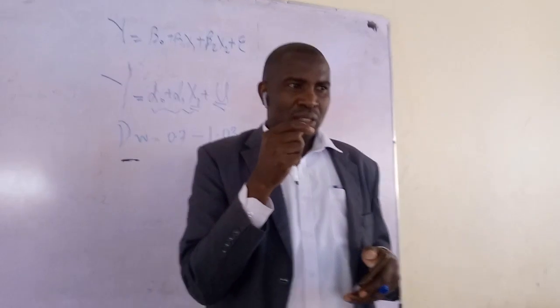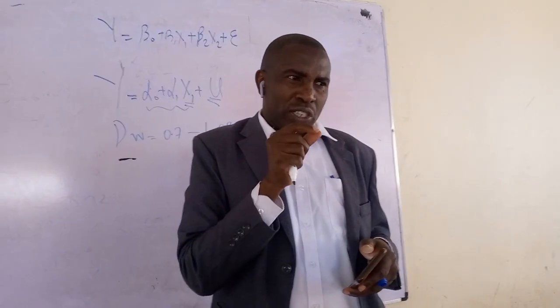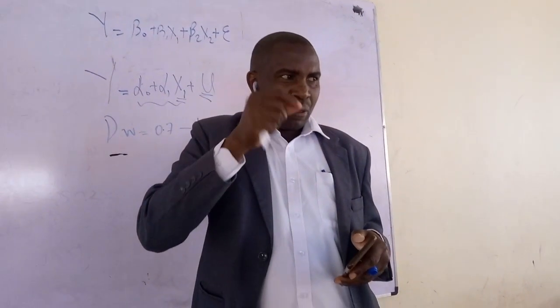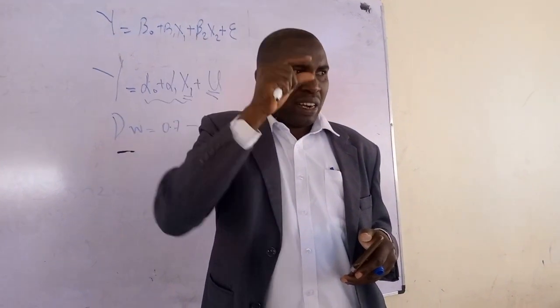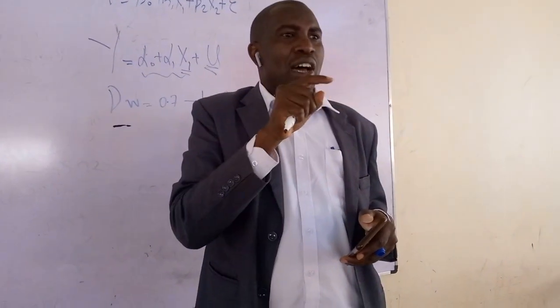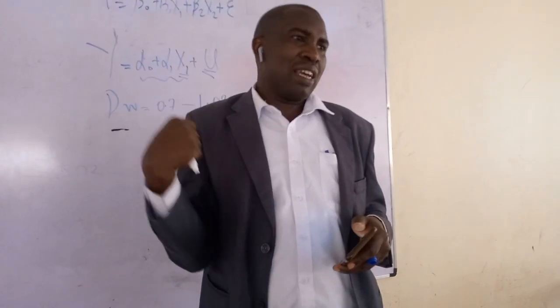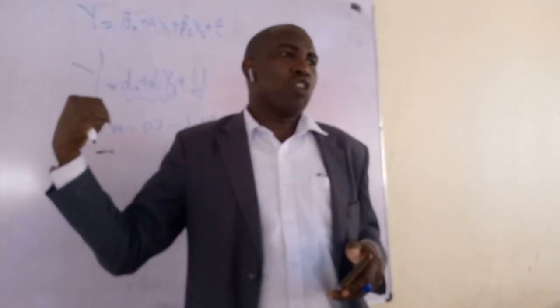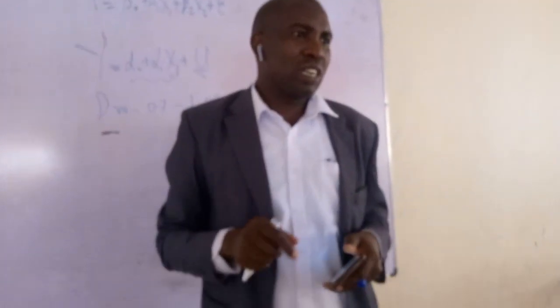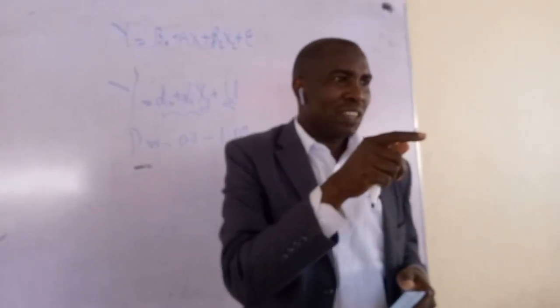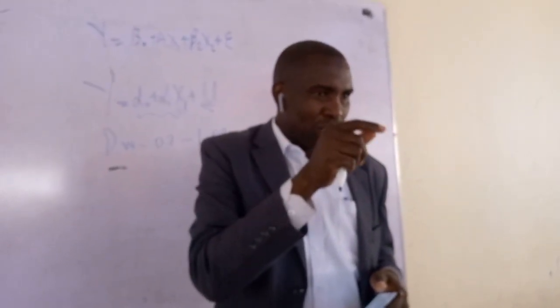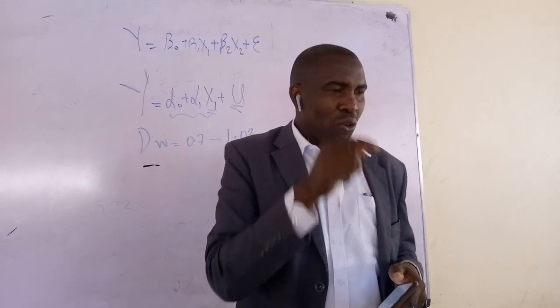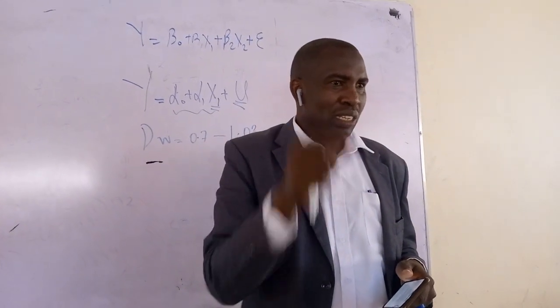autocorrelation. But what is autocorrelation? Autocorrelation is where the current error term and the preceding error term are related. But this is not the case. If you get this, it may not be implying autocorrelation. This could be an implication of model misspecification, or model specification error.